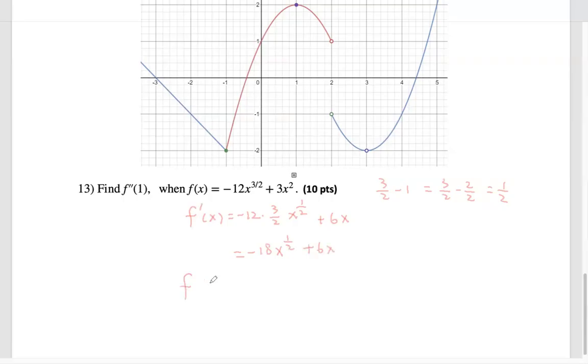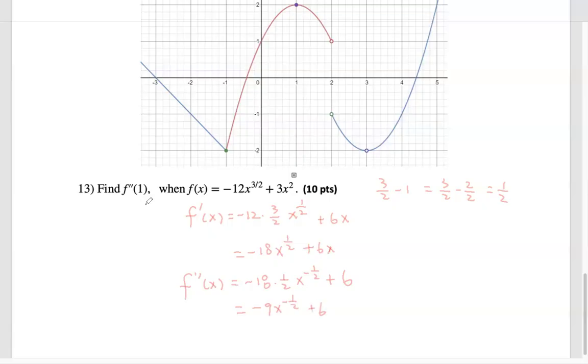Now we're going to take the derivative of the first derivative. So we do negative 18 times half, x raised to half minus 1, negative half, then plus 6, right? The derivative of 6x is just 6. Now this becomes negative 18 multiplied by half, which is negative 9, x raised to negative half plus 6.